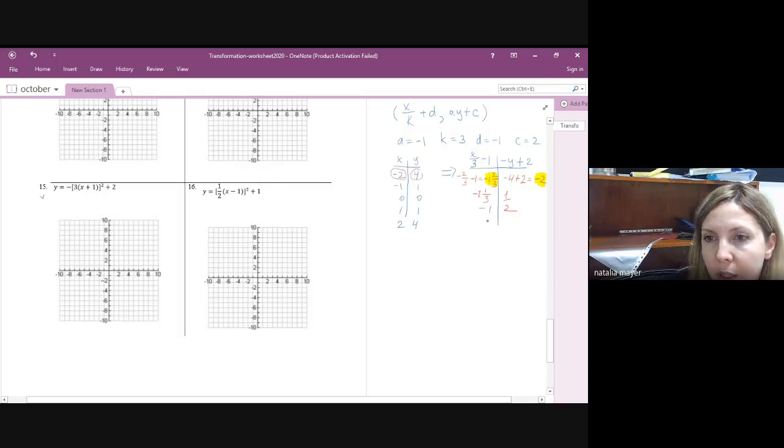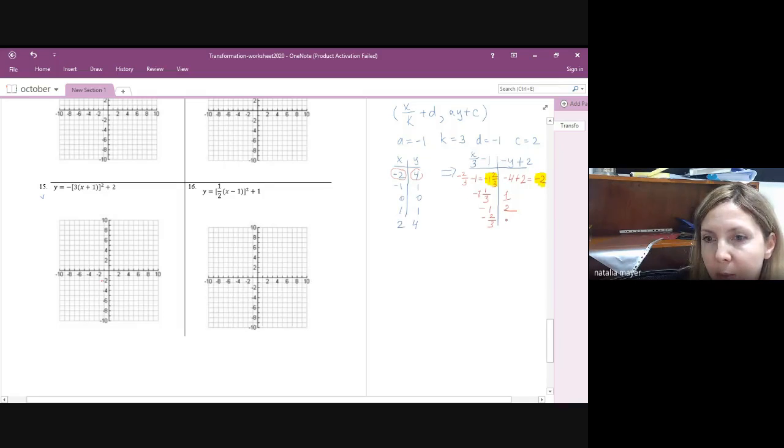And finally, for 1, of course, it's going to be negative. So if I input here 1 over 3 and subtract 1, it's going to be -2 over 3. And then I have 1 here. -1 and 2 is going to be 1.